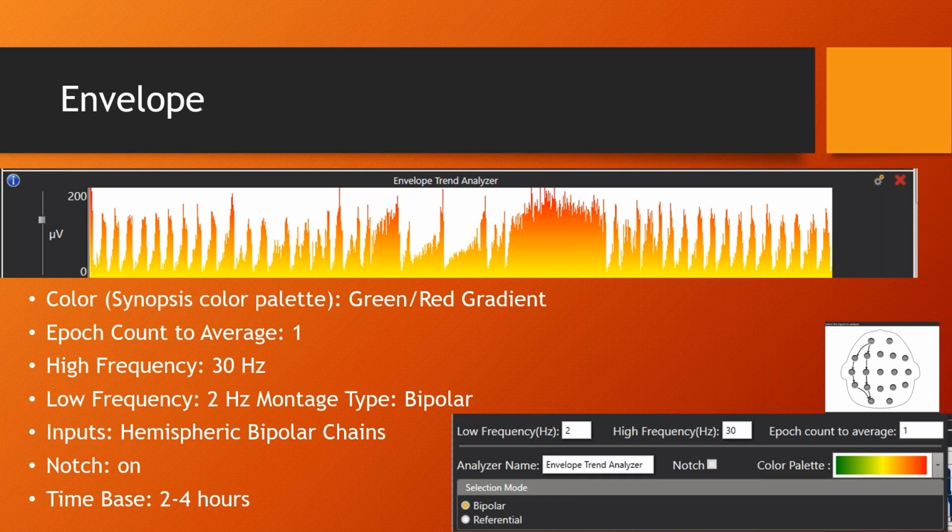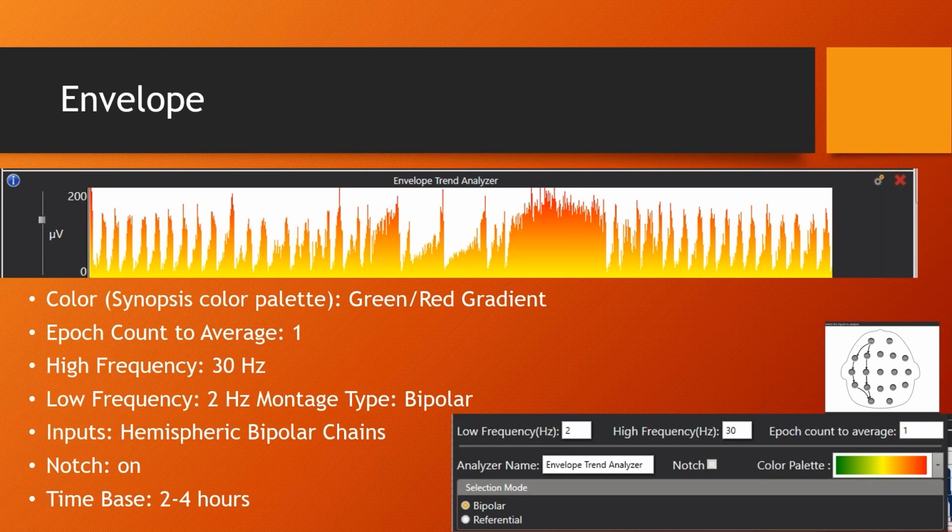I can adjust my epoch count of my averages. This is the only trend where we actually adjust our epoch count, because as I mentioned, it's a sliding median. So how many epochs you count together may tend to smooth out your trend.